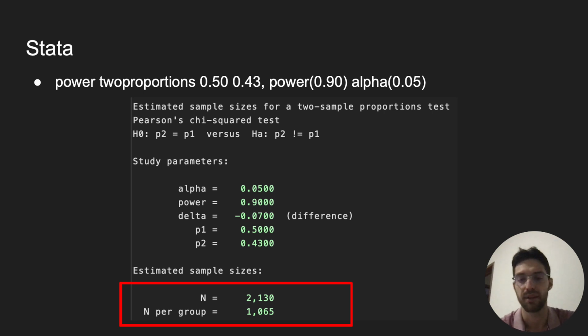That would be exactly 1,065 patients per group. Now let's adjust that for the expected loss of follow-up and non-adherence.